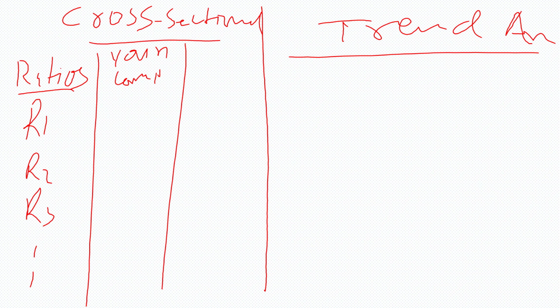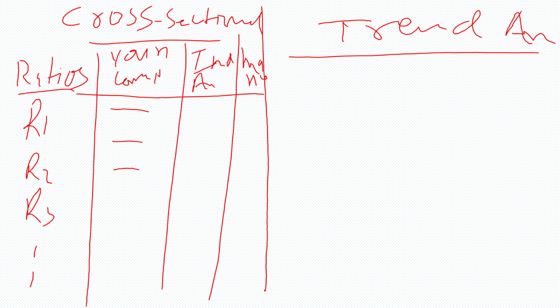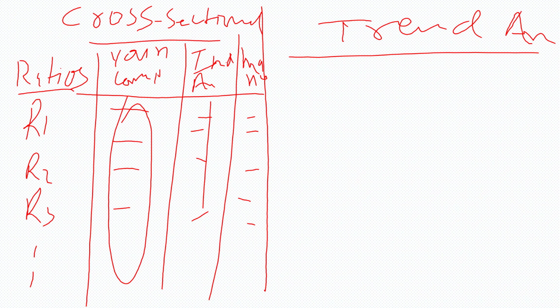And you also compute these ratios for the industry average, and also for the market. So you compute the same ratios for your company, your industry, and the market, and you compare how your company is doing against the industry average as well as the market.